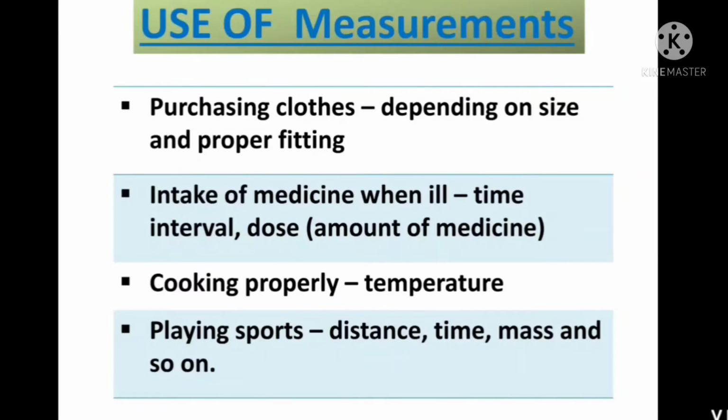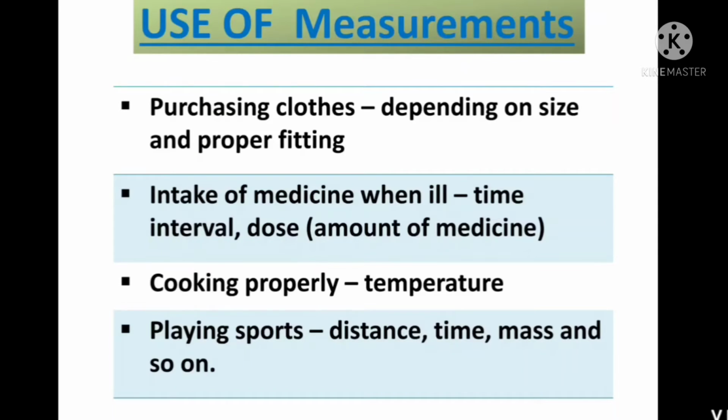The next topic is some physical quantities. There are many physical quantities we need to measure during our day-to-day life. Here are some examples. For purchasing clothes, we buy the cloth depending upon the size and proper fitting. While taking a medicine, you have to take care of the time interval and the amount of medicine.